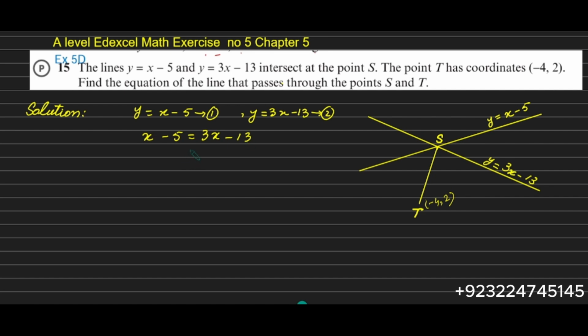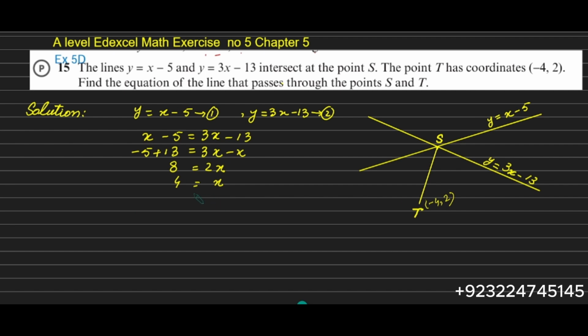From here, we write 3x. We bring x to the right side, it will be minus x, and minus 5, we bring minus 13 to the left side, we get plus 13. The sign is changed. So 2x will be equal to 8, and then x will be 4.